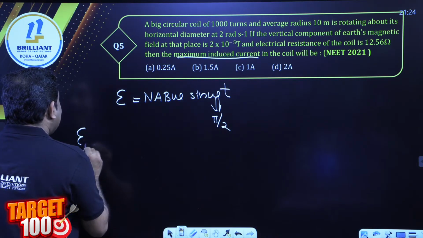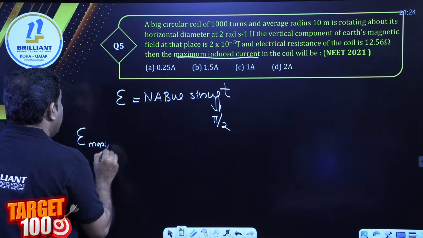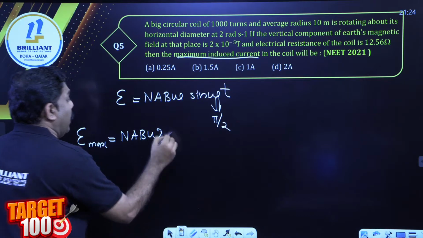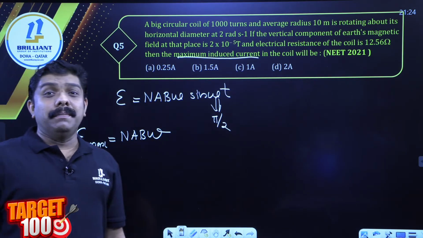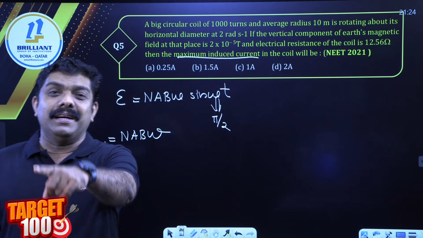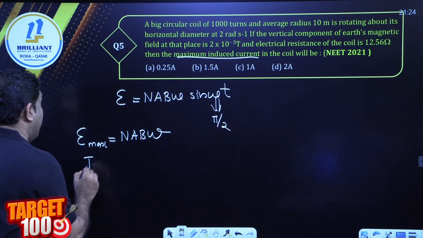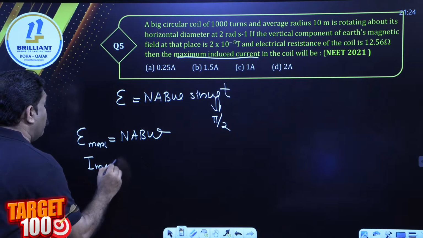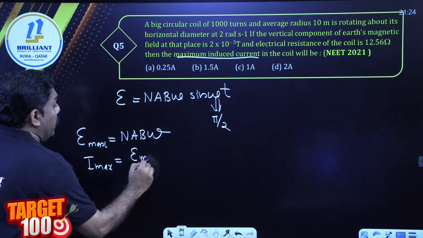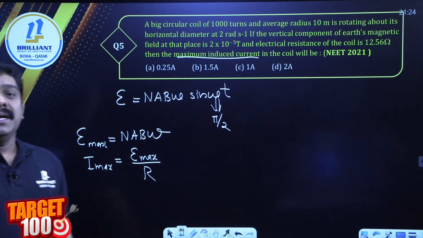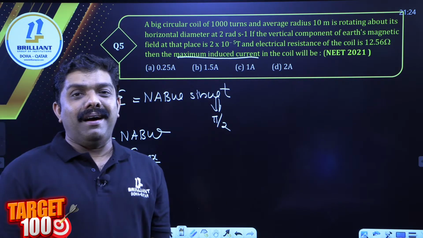So the maximum induced EMF is equal to NAB omega. Maximum current I max is equal to the maximum induced EMF divided by resistance, E max divided by R.